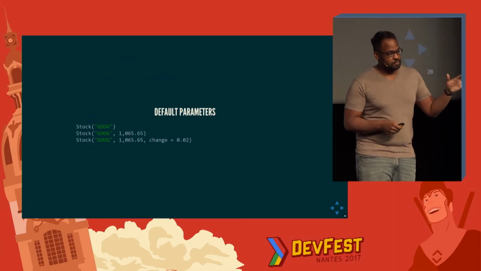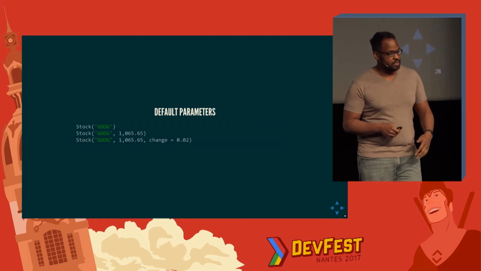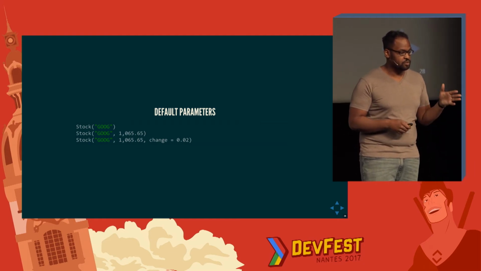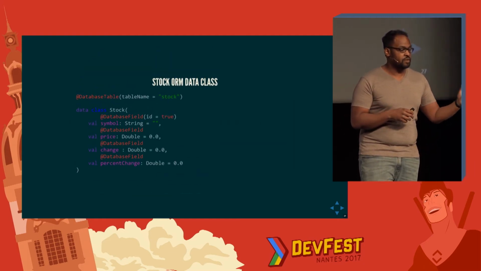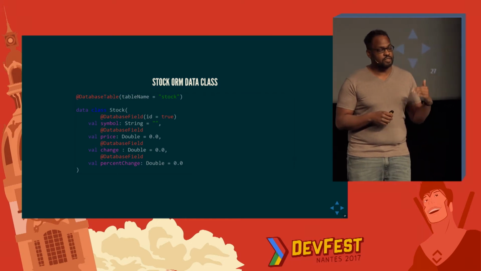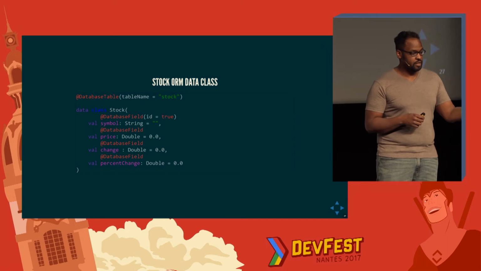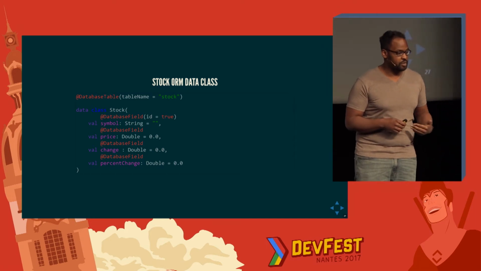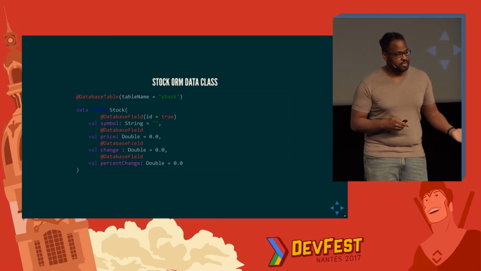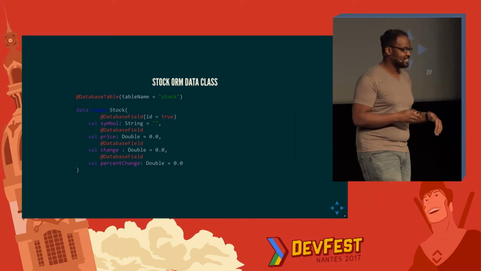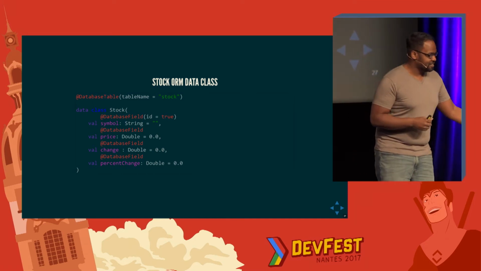This one constructor can be addressed by all three of these. Because for each of these values, if you don't assign anything, it's going to plug in whatever the default value is that you declared in the class declaration.